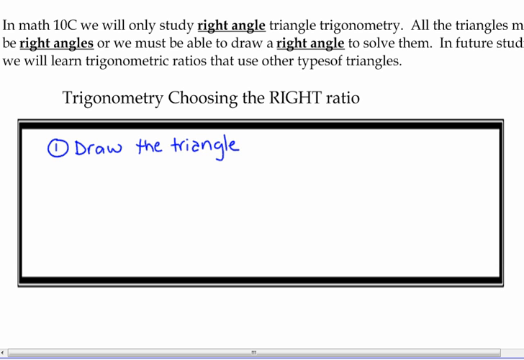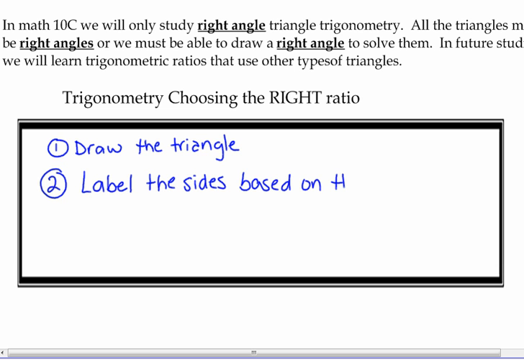Okay? The second is once we have our triangle and all the numbers therein, the angles are in if we know them, then we're going to label the sides. Label the sides based on the given angle. And it's either going to be one of 3 names.